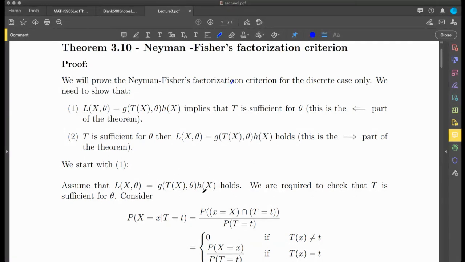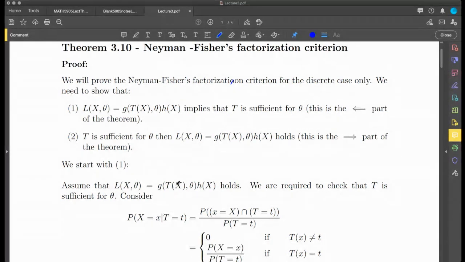Let's assume that we can write the likelihood in this form: a function g, which depends on the sample only through the sufficient statistic, and theta, times just some function of x. Now, to show sufficiency, we just have to check the conditional probability and show that it doesn't depend on theta. That's the definition of sufficiency.